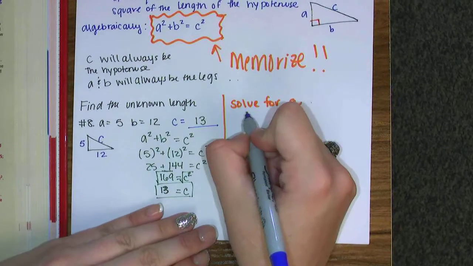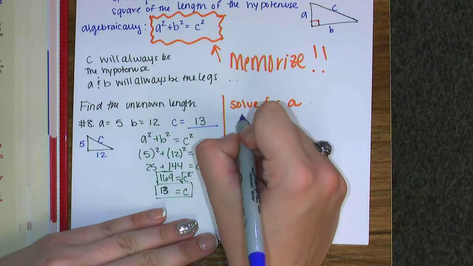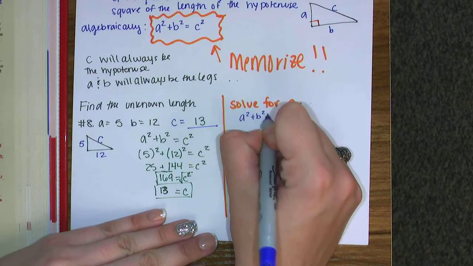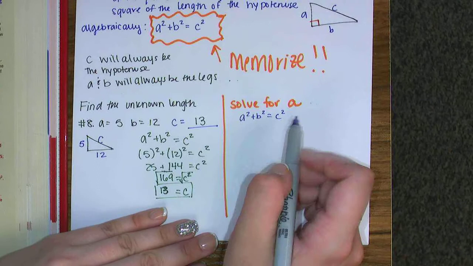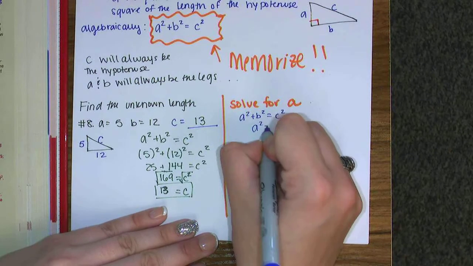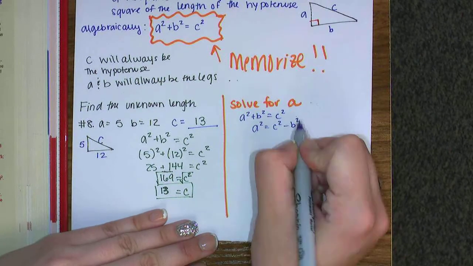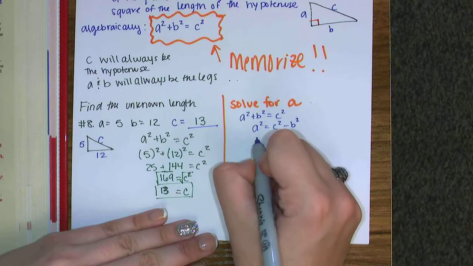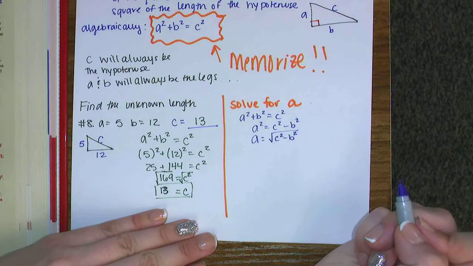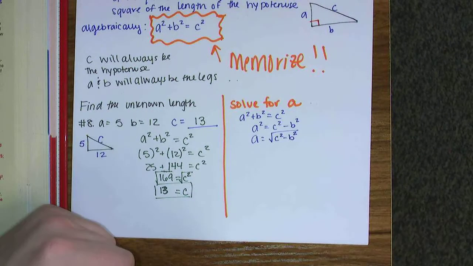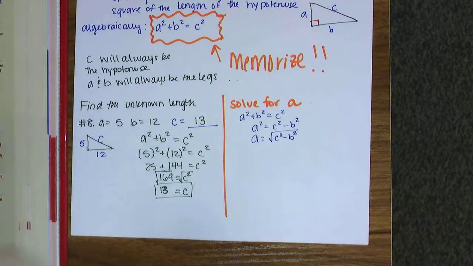If I wanted to solve for A, A squared plus B squared is equal to C squared. I'd have to subtract B squared. So A squared is equal to C squared minus B squared. And then I take the square root. So A is equal to the square root of C squared minus B squared. Okay? So that formula here is when you need to solve for A.